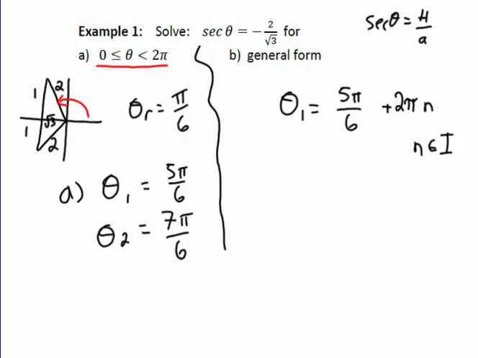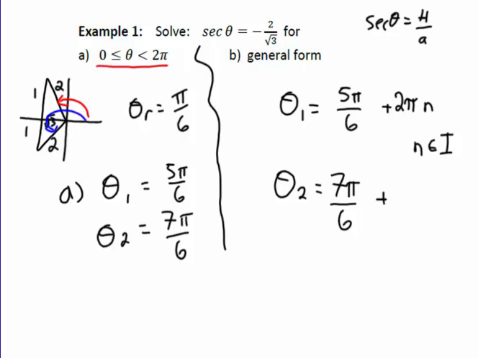So for our second angle in general form, again, we take our angle in standard position of 7 pi over 6, and the same thing applies. The first iteration is 7 pi over 6. If we do a full circle to get back to that angle, we add 2 pi. And we could add 2 pi or 4 pi or 6 pi.